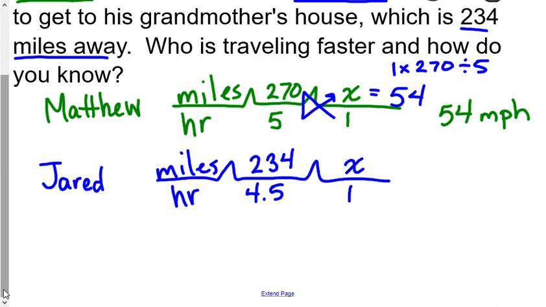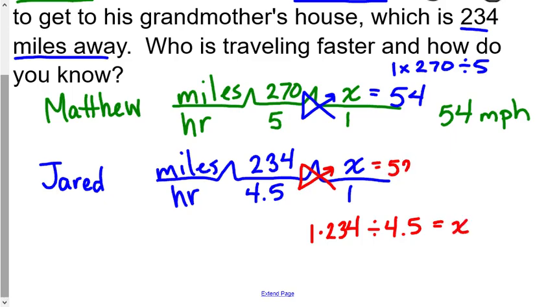While Jared was traveling at 1 times 234 divided by 4 5/10. And that gives me my missing number. And when I solve that, I'm going to get 52. So what that means is Jared was going 52 miles per hour.